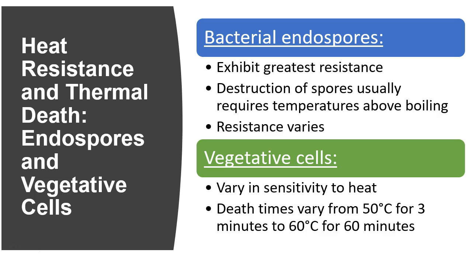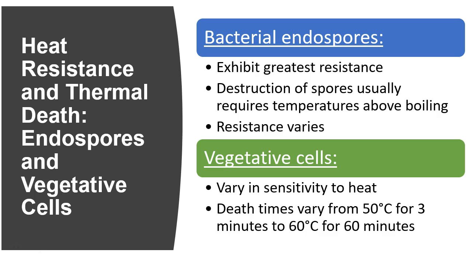So heat resistance and thermal death, endospores and vegetative cells. Bacterial endospores, like I've said, are very hardy. They're hard to kill. They exhibit the greatest resistance. Destruction of the spore usually requires temperatures above boiling, and their resistance varies.